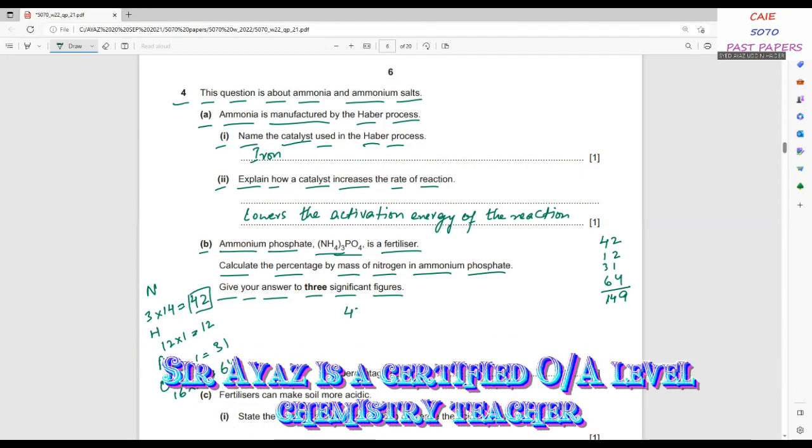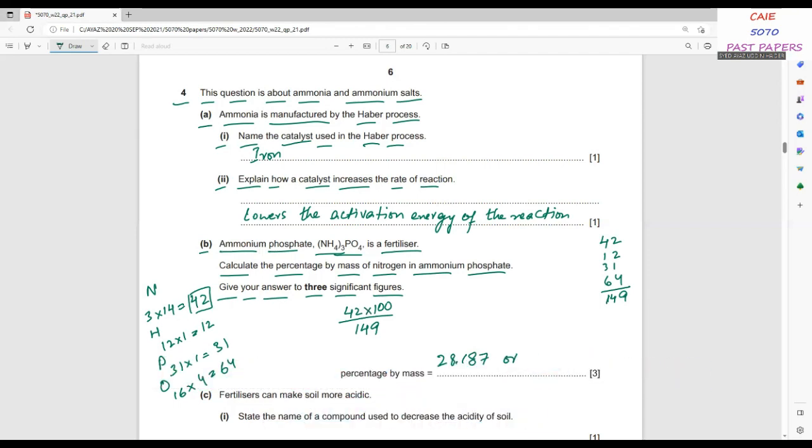So we will multiply 42 by 100 and divide the answer obtained by 149. 42 multiplied by 100 divided by 149 is 28.187. Or you can even write 28.2.